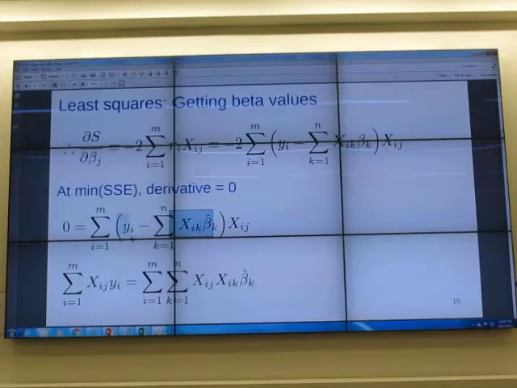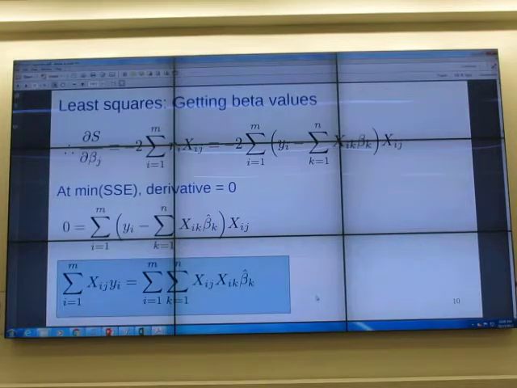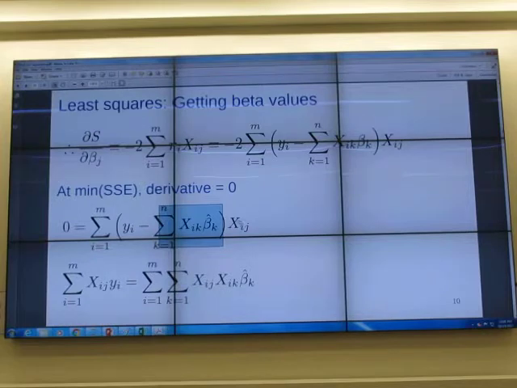Once you put this inside, you move one of these to the other side and you get this term: the summation of xij yi equals the double summation, which comes from this term, of xij xik beta k.